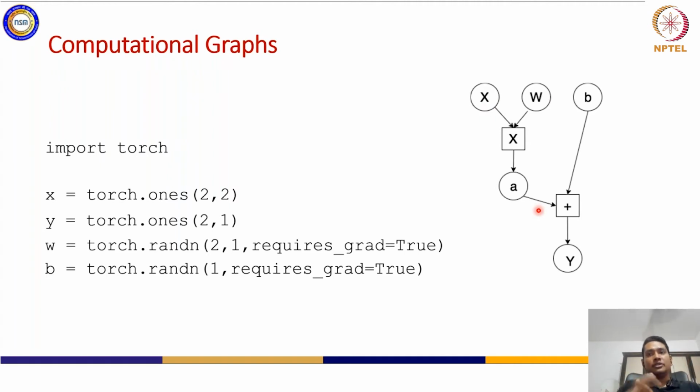So if you're working with a GPU, you need to be aware of the sizes of these tensors that you are working with, as well as, when you do the backpropagation, you will compute the gradients of these parameters. And these gradients also you need to store inside the GPU. So when you have a very large computational graph, you can imagine how much data you need to store inside your GPU.